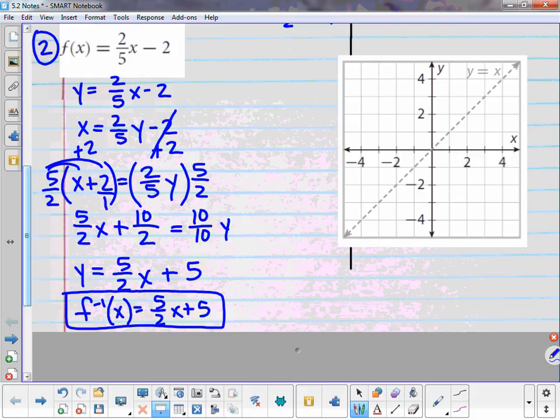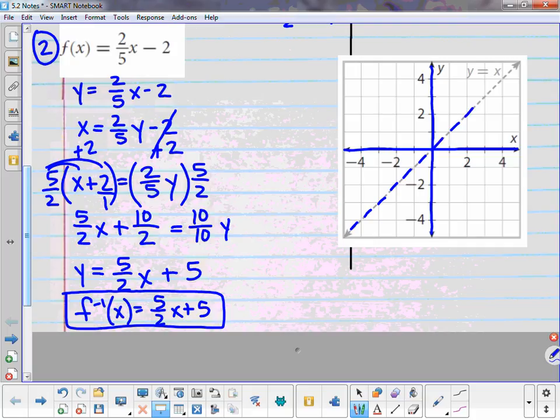So on the right of this example in your notes, if you will, draw this XY axis for me, please. And then I would like you to also sketch this dashed line.